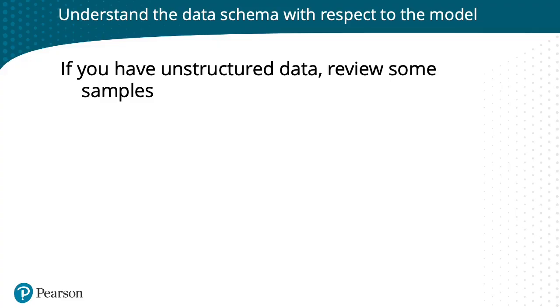Listen to the data that you're working with. It will give you a better understanding not only of the data, but of the problem that you're trying to solve and why it's important. So if you have this unstructured data, just take some time to go through some of that data and see exactly what it looks like.